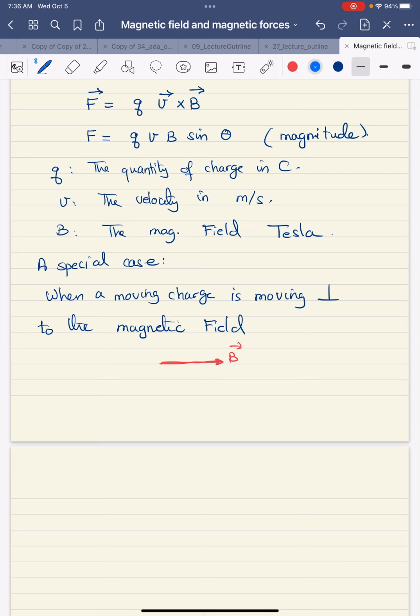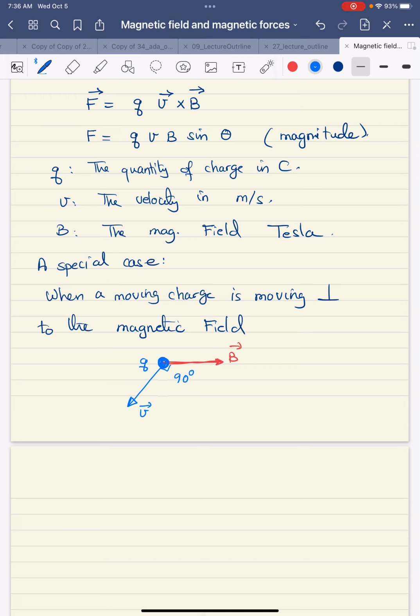And I will say V is perpendicular to it, along the Z. I don't want to draw it like this, I'm going to draw it like this, but you know that this is really 90 degrees. Okay, and this is really V, and this is really the charge here, Q.